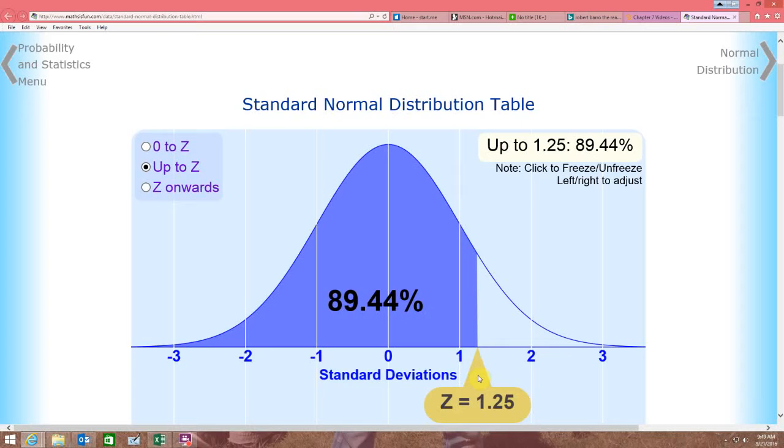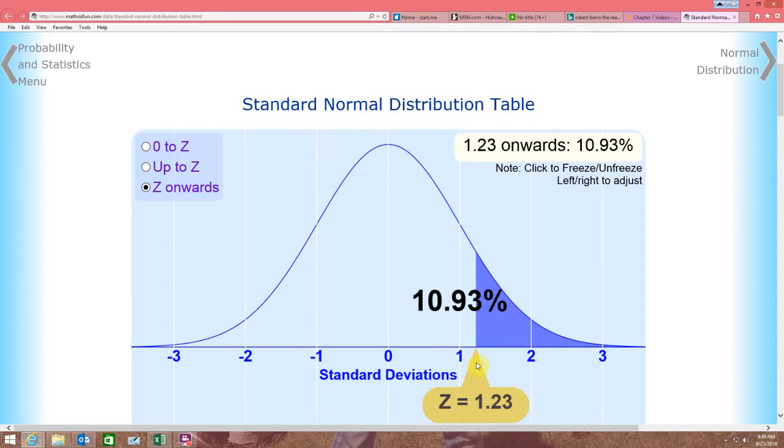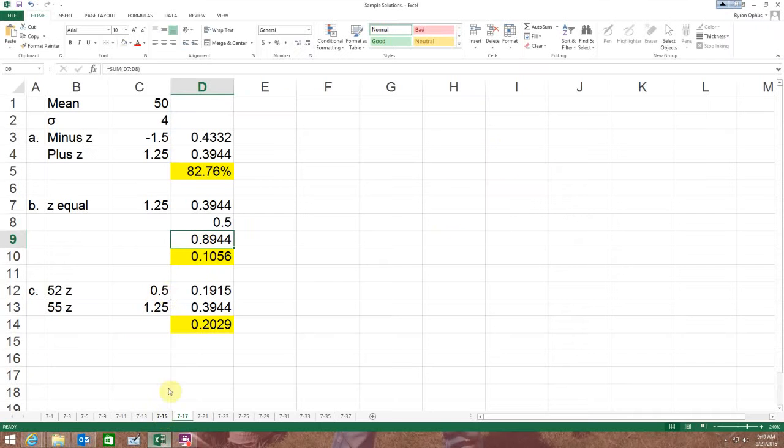So the light blue area that's still under the curve, I want to know what the area is to that, and this actually lets me do that. 10.56, and I can calculate that like this too. I can just say that this is equal to 1 minus my 0.8944. 10.56 then is the percent.